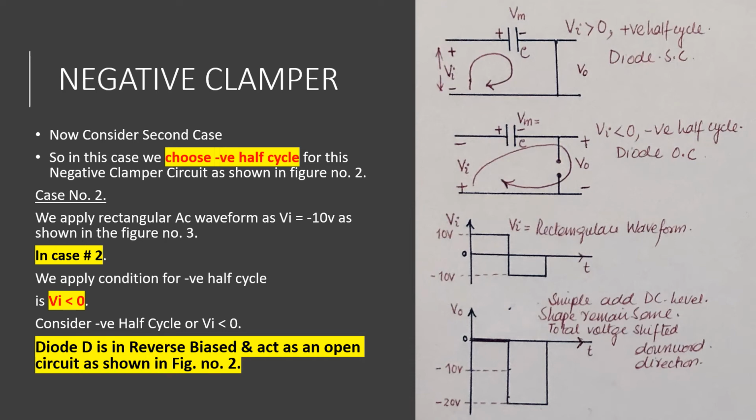Now consider the second case. In this case, we apply the negative half cycle for this negative clamper circuit as shown in figure number 2. In case number 2, we apply a rectangular AC waveform with Vi equal to minus 10 volt as shown in figure number 3.